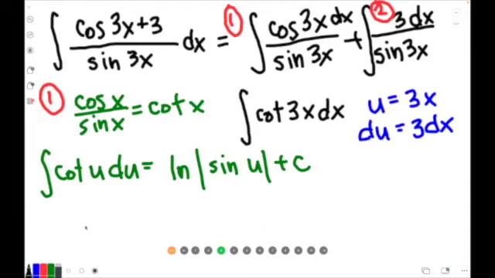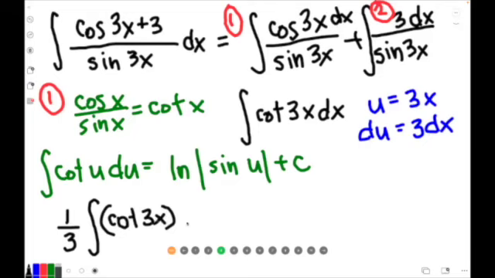Since we need 3 dx in the numerator, we will take out 1/3 outside of the integral, and we are left with cotangent 3x multiplied by 3 dx.